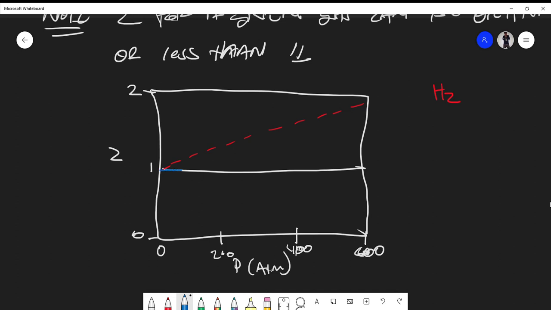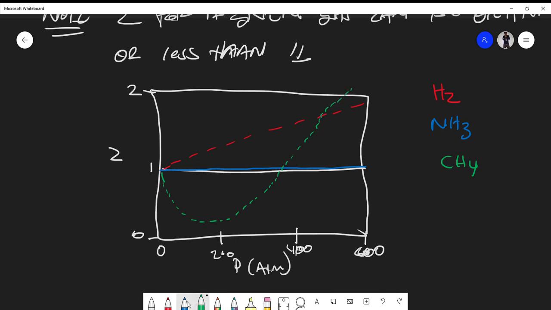Now, here is ammonia gas. And we're going to represent methane, CH4, and then it increases simultaneously.